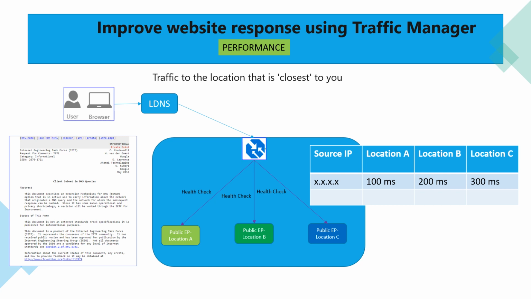So here in this example, you can see I have a user and there's a browser, and this browser is going to do some DNS query from the LDNS. Once this query reaches the traffic manager, it will keep track of the source IP. This is not just a source IP, it's going to be the full subnet range for this LDNS.